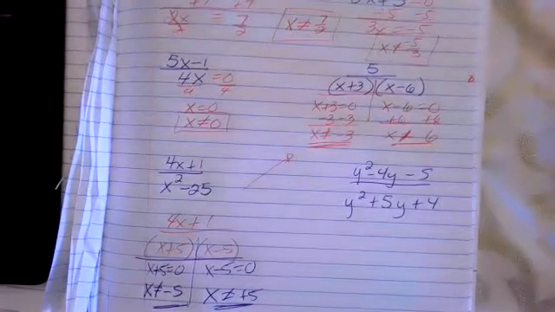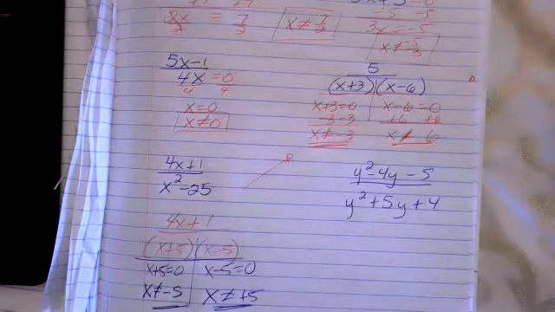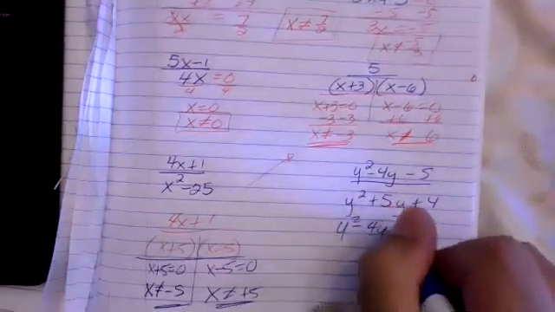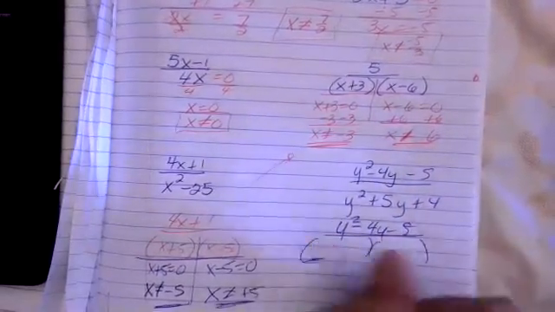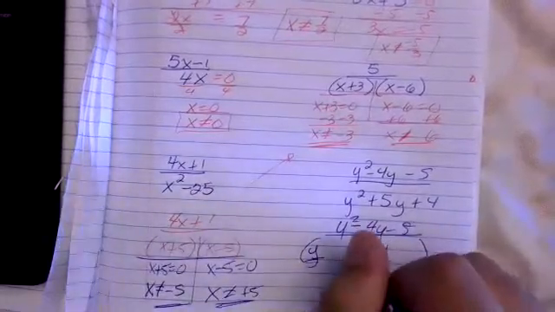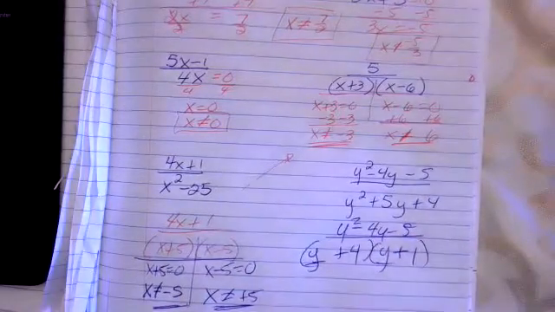In this next example, we want to do the same thing. It's written in quadratic form, y squared plus 5y plus 4. So I want to see it in factored form. So my numerator will stay the same. My denominator, if I factor it, y times y is y squared. 4 times 1 is 4, and my signs are the same.